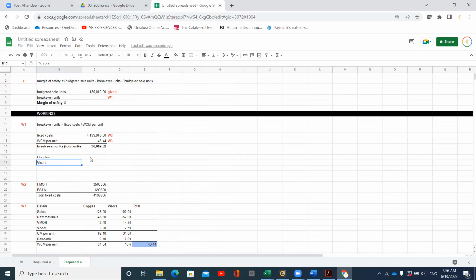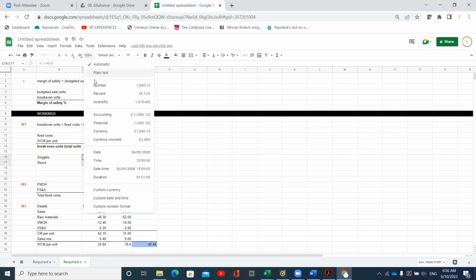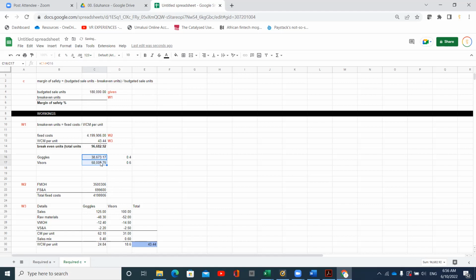So remember, goggles is 0.4, and visors is 0.6. So we will say that multiplied by 0.4, that multiplied by 0.6. You just needed to do 0.6 because we don't need goggles. So there we go.